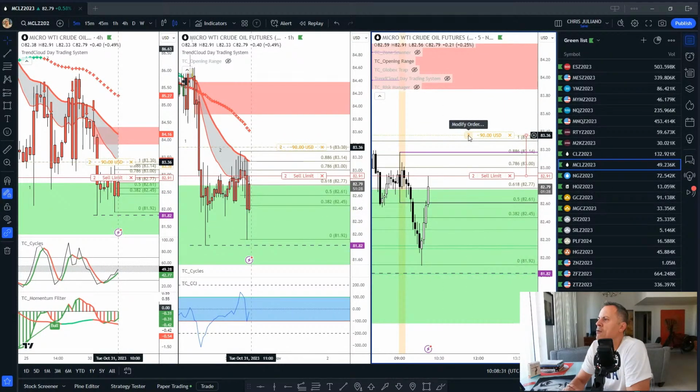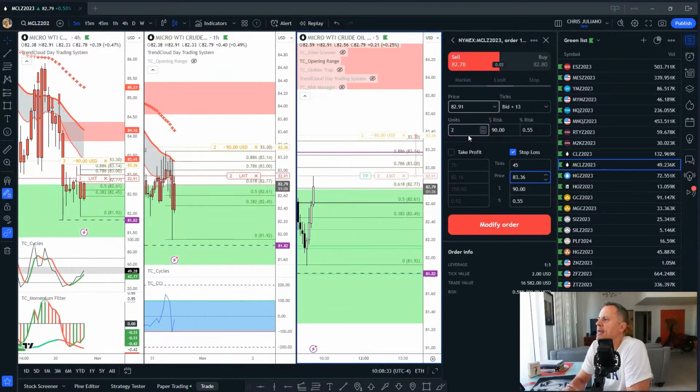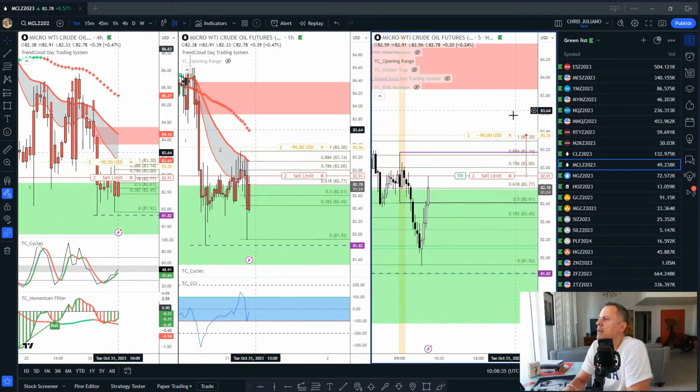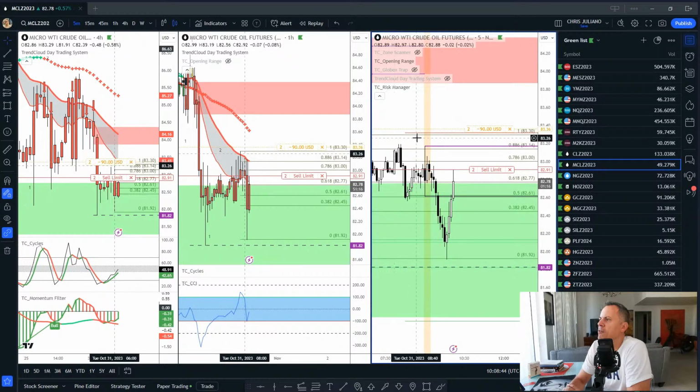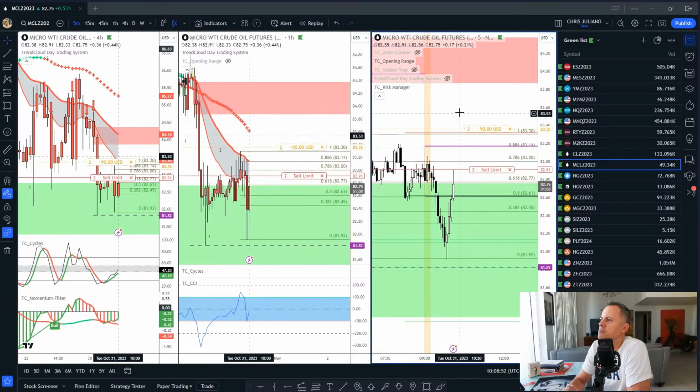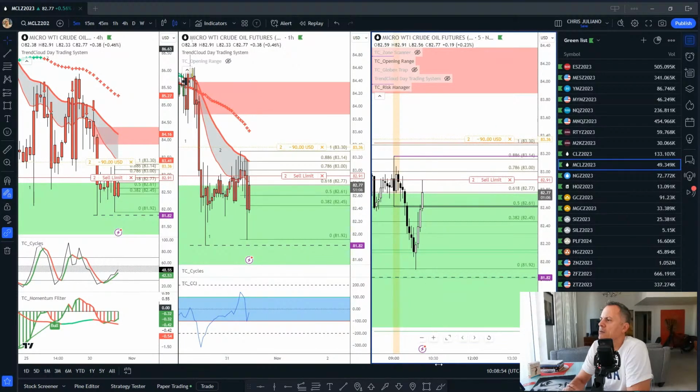Well, at least now on our risk manager tool, let's put that back on and just adjust everything here. Come on, risk manager.